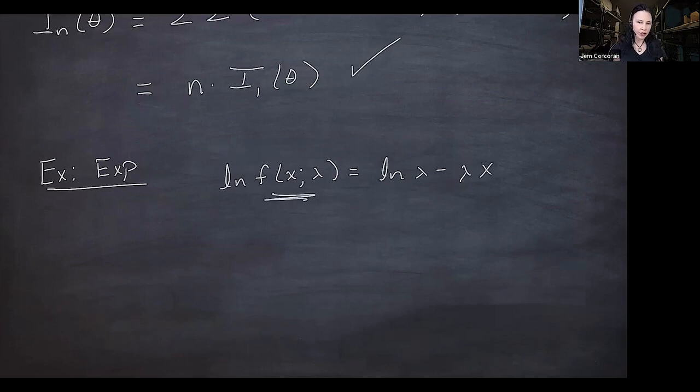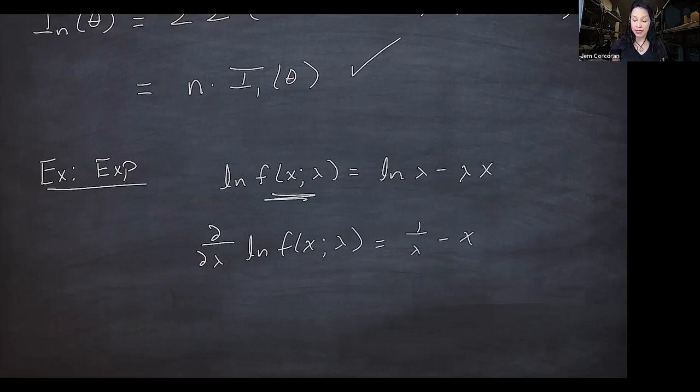This is a one-dimensional kind of thing. And the derivative with respect to lambda of the log of f of x, no vector, is 1 over lambda minus x.